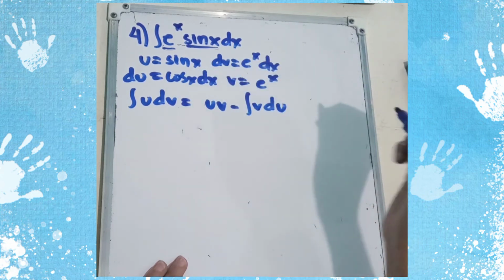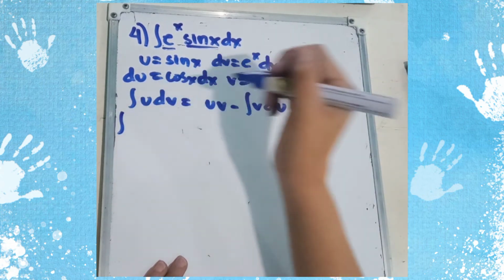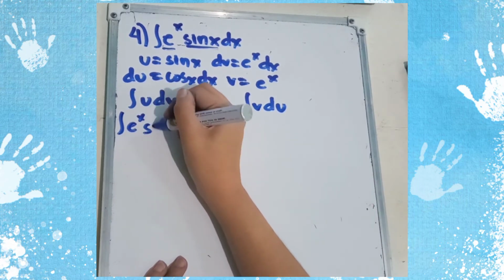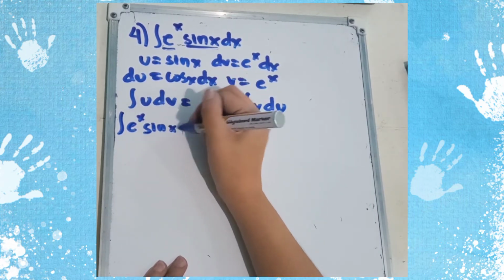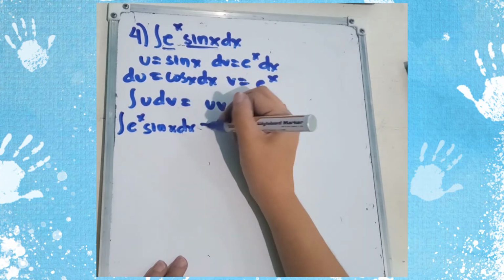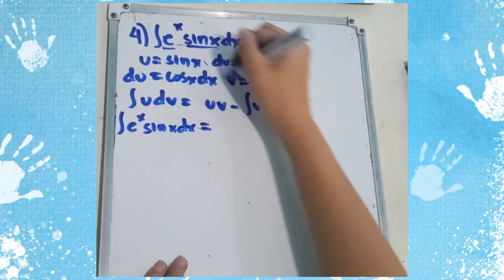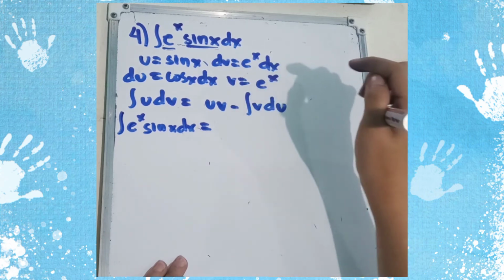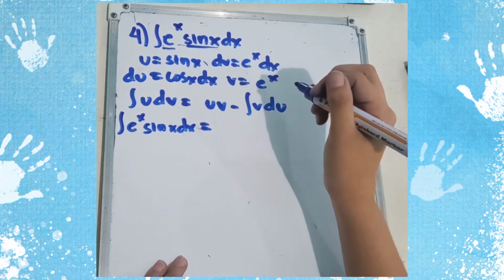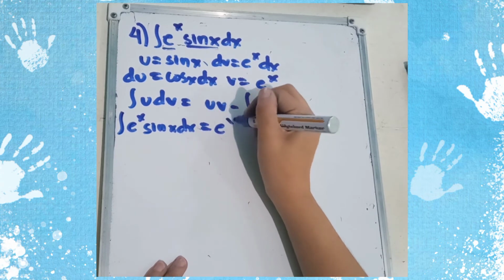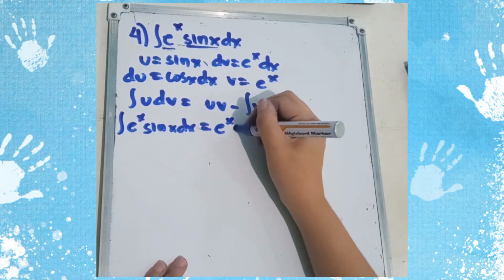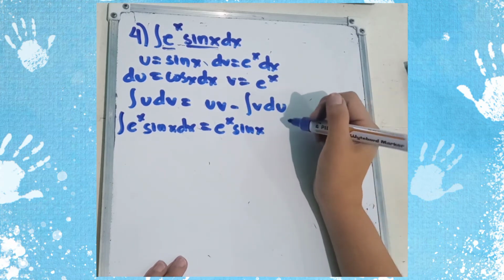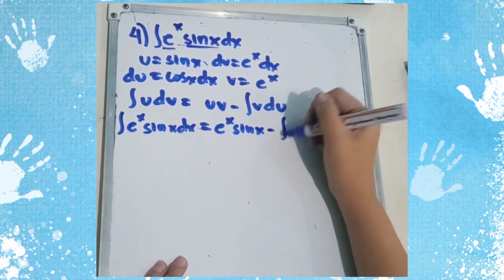So substituting, the integral of e raised to x sine x dx is equal to uv, that is, we can actually write e raised to x first, then sine x, minus the integral of v du.